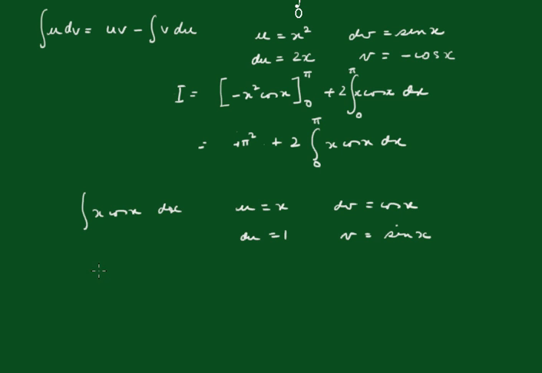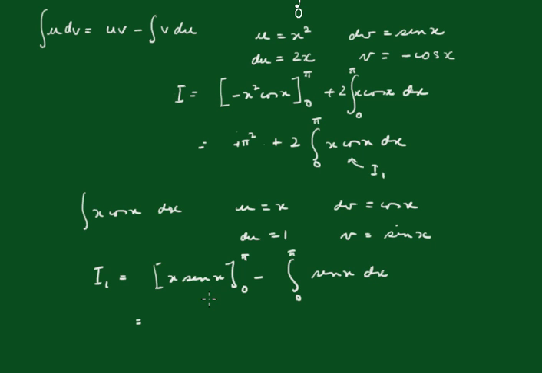So now my integral, I'll call this I1 if you like, I1 is equal to uv, x sin x between pi and 0 minus the integral between pi and 0 of v du, which is just sin x dx.